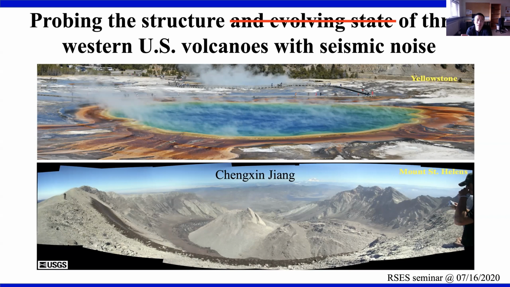But the simple answer is that there's a magmatic system beneath it. On the other hand, a volcano is always dangerous. The lower photo shows the summit of Mount St. Helens, which is mostly a result of the 1980 eruption, the largest eruption in US history. It caused about 57 people dead and a lot of economic loss.